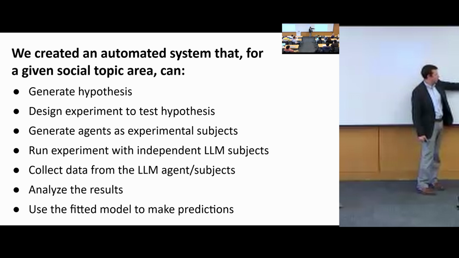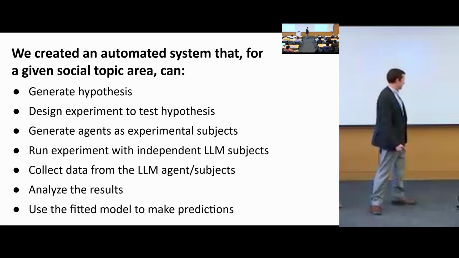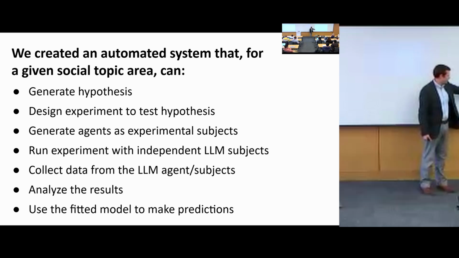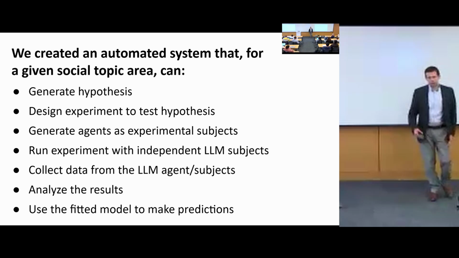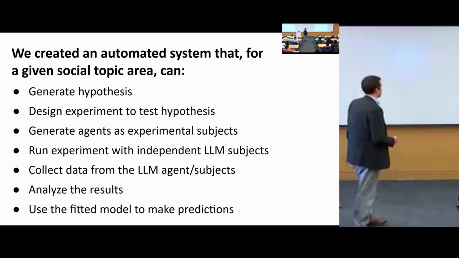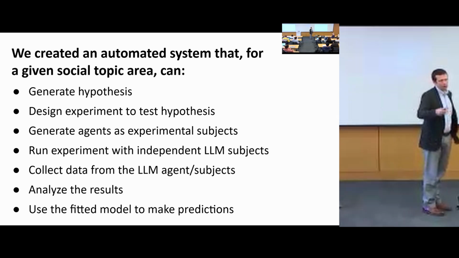It would run the experiment with independent LLM subjects playing the roles laid out for them. We could collect the data from the simulation, analyze the results, and then use the fitted model in some way to make predictions. So essentially you just tell us the area you're interested in, and then we go off and do what we're supposed to do.